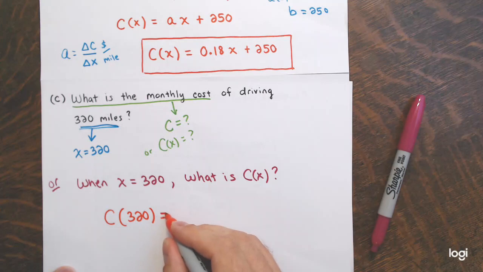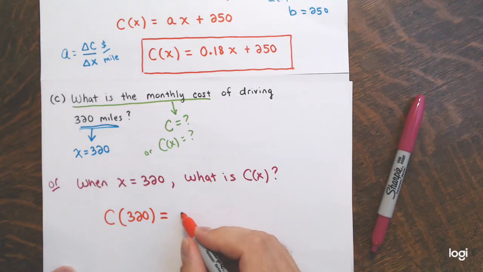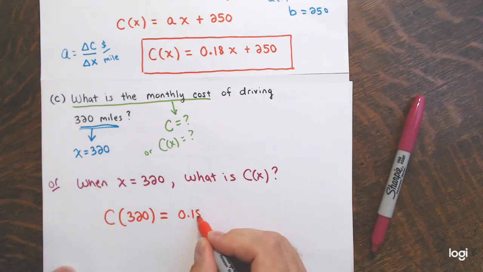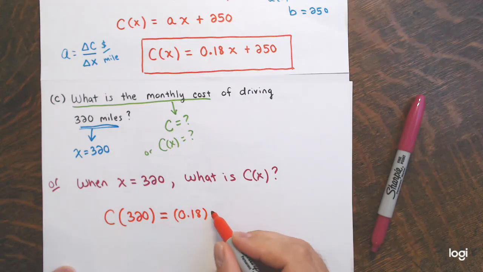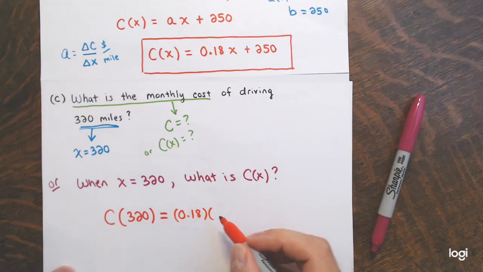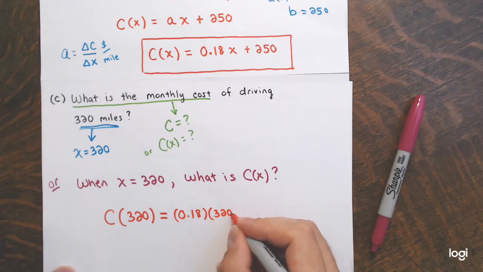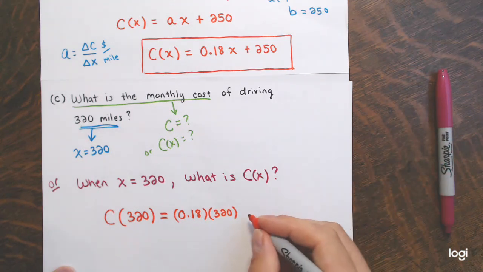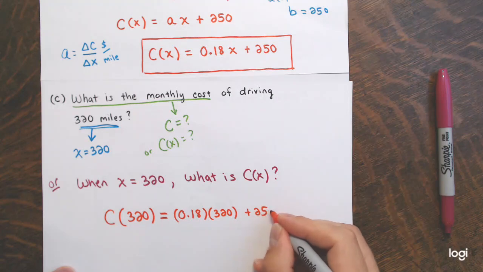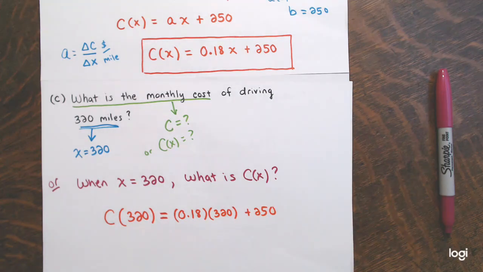And the cost of driving 320 miles is 0.18 times 320, and then plus 250. Okay, and you can set up the multiplication and do it the long way. I'm just going to punch this in real quick for the sake of brevity.